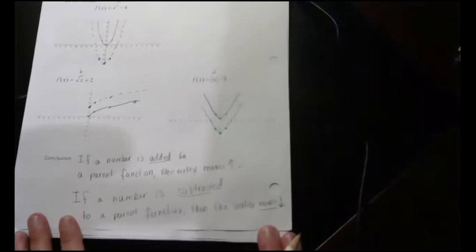Okay, guys, that's what it looks like. So if a number is added to a parent function, then the vertex moves up. If a number is subtracted to a parent function, then it moves down.